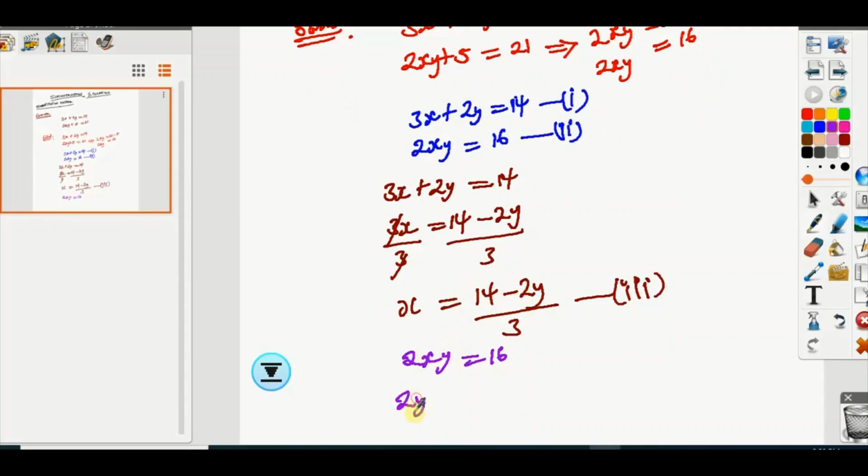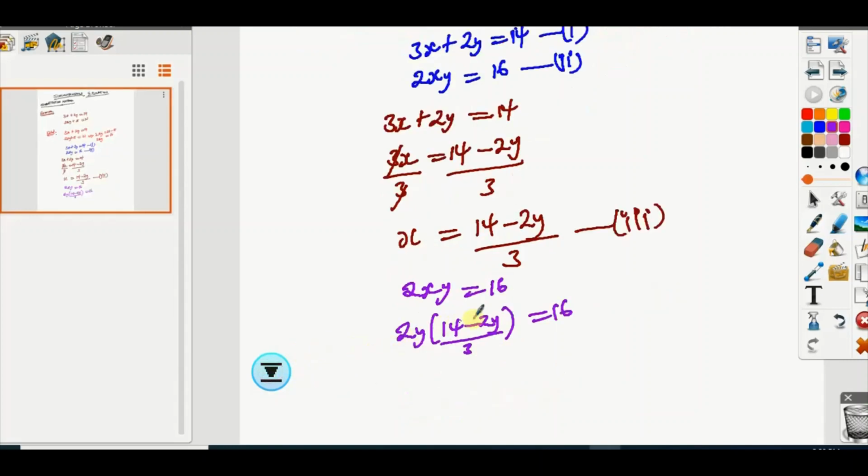We have 2y, we open the bracket, 14 minus 2y, and everything equal to 16. Now we open this bracket. 2y multiplied by 14 gives 28y, minus 2y times 2y, that is 4y squared, equal to 16. Here it will be all over 3, right?